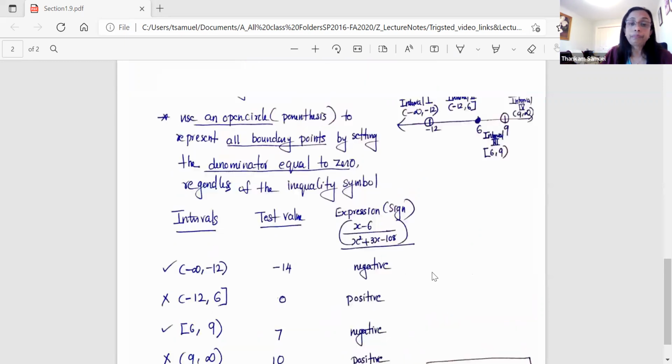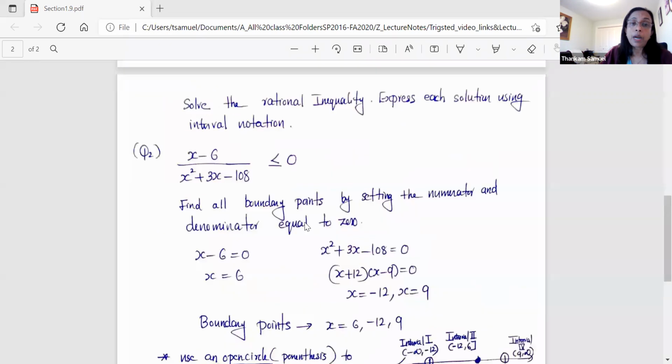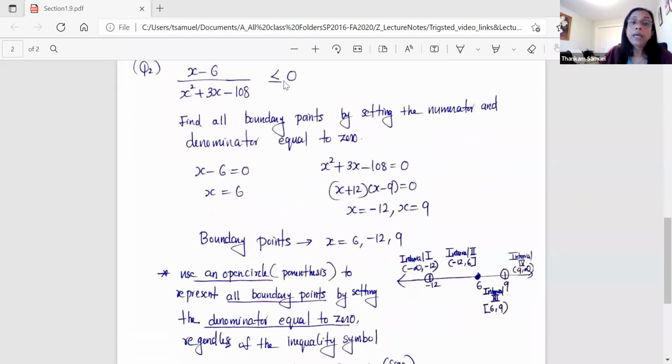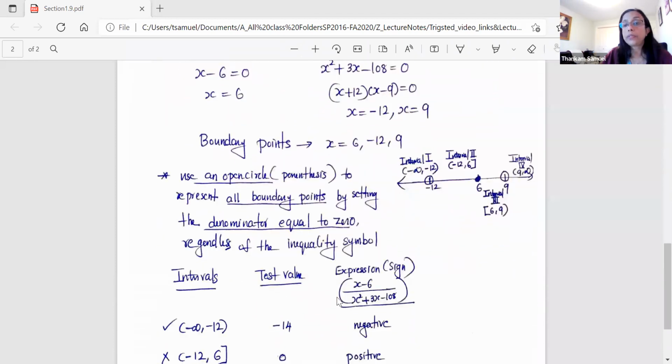And remember, if the rational inequality contains an equal sign, always use parentheses for all the boundary points in the denominator because they are not included in the solution set. Hope you got this concept.